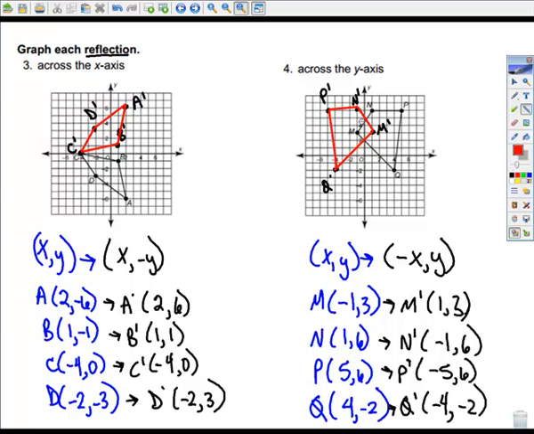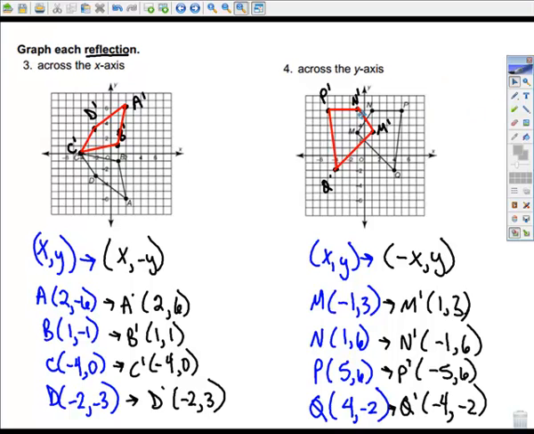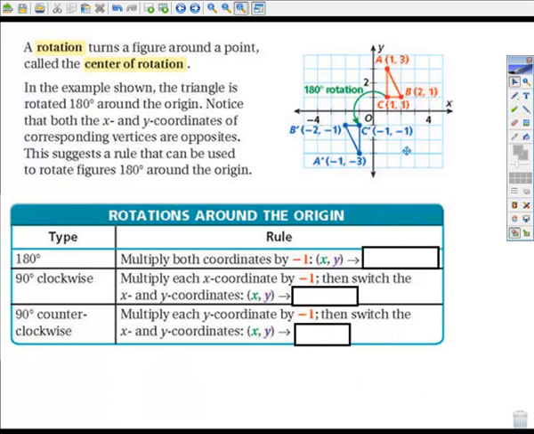And again, if I were to flip this over the y-axis, they would line up perfectly on each other, the two quadrilaterals here.